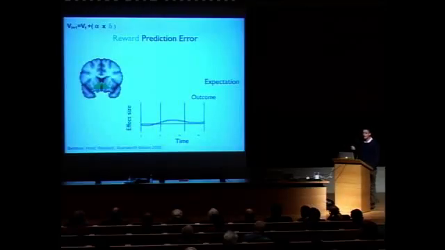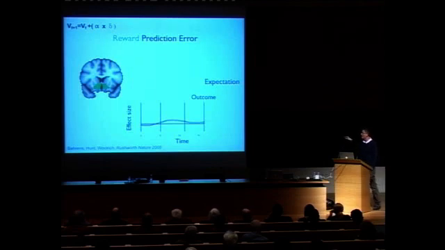And we have another piece of neural evidence. This is a very common finding in reward learning paradigms, which happens in the ventral striatum and also in some dopaminergic areas such as the VTA.